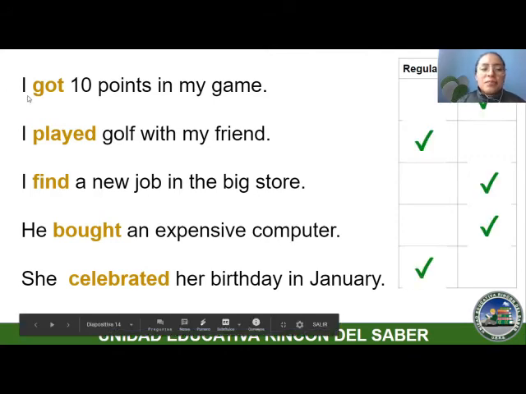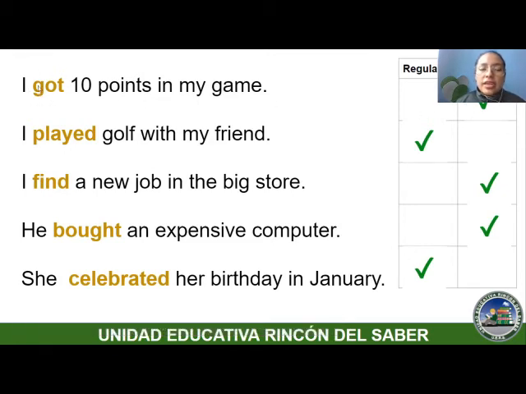Okay, we are going to check. In this case, the first sentence is irregular. Got is an irregular verb. Played with ed in the final is a regular verb. Very good. Find is an irregular verb. Very good. Because the form of the verb changes.